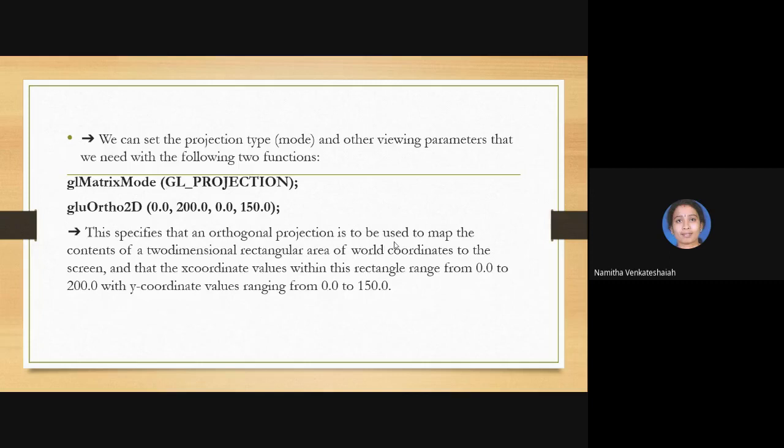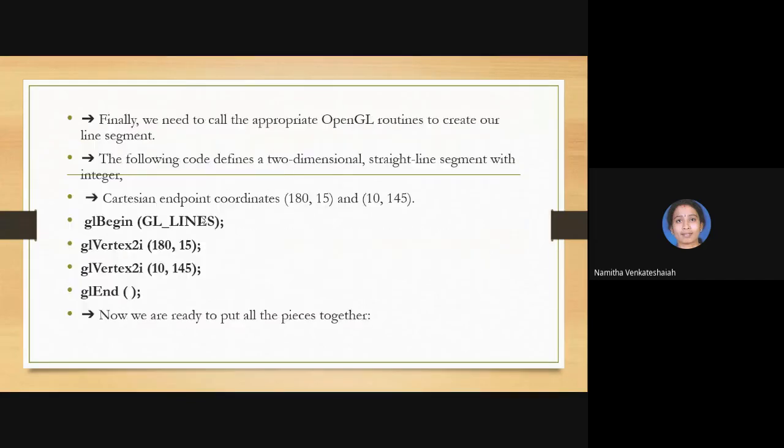We say this using these two functions. The x coordinate value should be within the range 0 to 200, and the y coordinate within 0 to 150. If you cross this range, those things will not be visible.